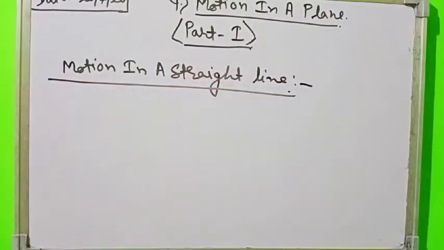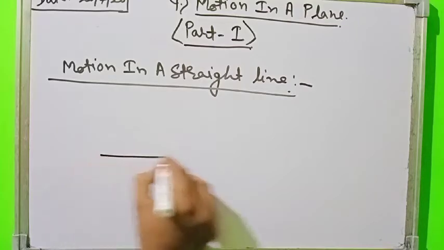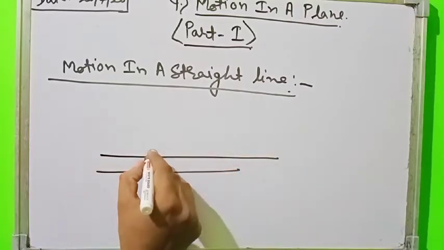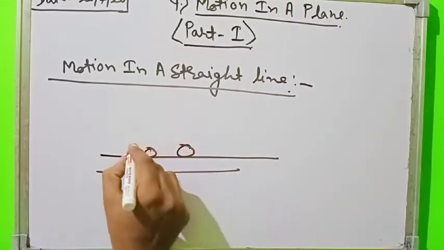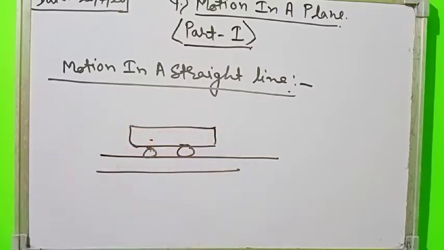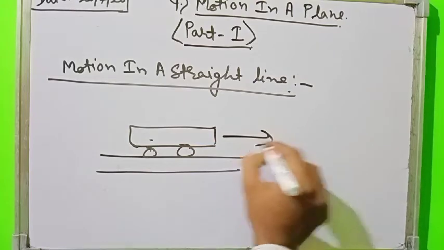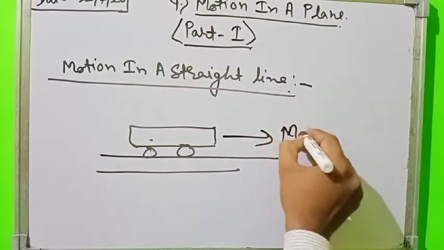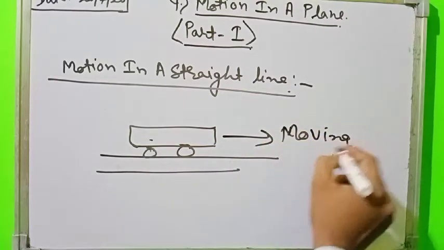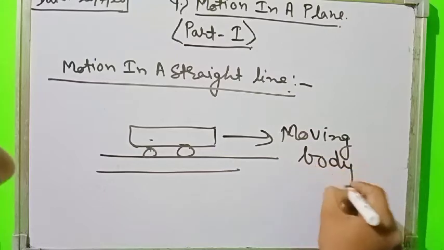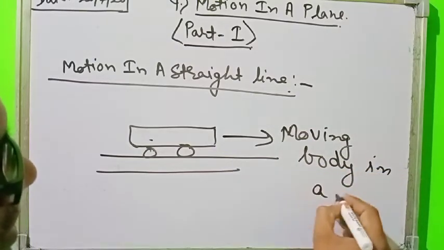In the previous chapter, that is motion in a straight line, we had discussed a body traveling in a straight line. Whatever the examples, whatever the derivations, whatever the concepts we had discussed, it was for a moving body in a straight line.